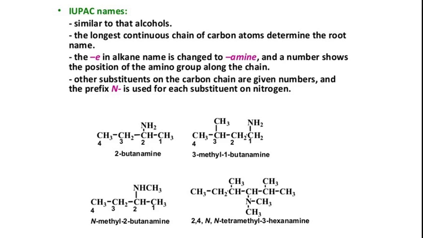On which carbon is the amine? The second carbon, that's why it is 2-butanamine. In the other structure, the amine is on the first carbon, that's why 1-butanamine. But N is also carrying methyl groups, that's why N-methyl. In this structure, 1, 2, 3, on the third carbon the amine is there, that's why 3-hexanamine. How many methyls? Four methyls. Like this, we can give nomenclature to amines.